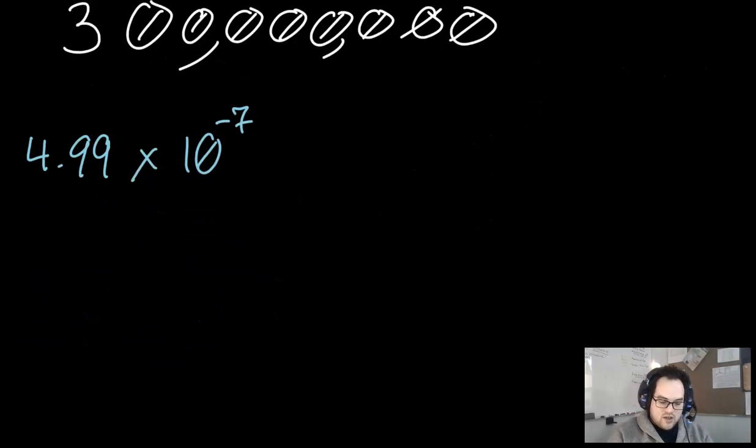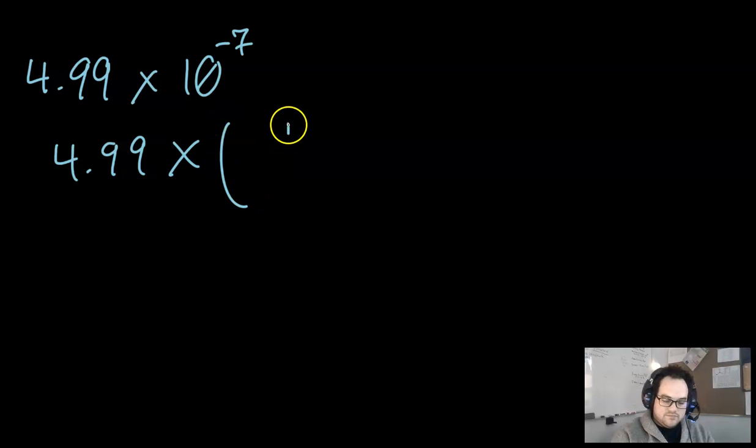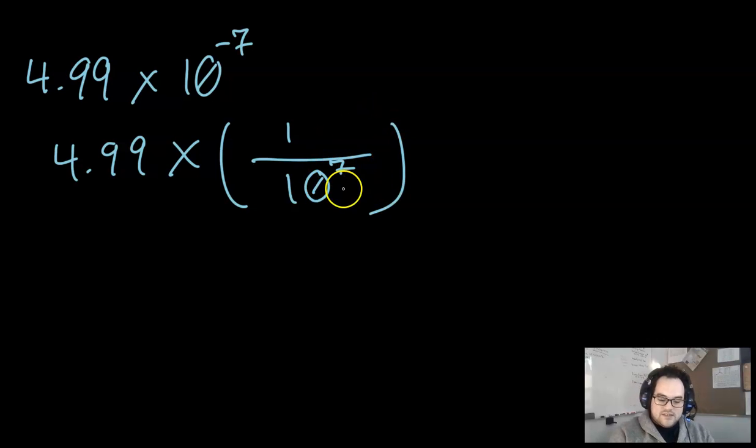That is the same as 4.99 times... And here's where it gets tricky, because when you have that negative, having a negative exponent is the same as doing this, and setting it up like that. So it's kind of inverting what you have. It's saying this is an inverse of that number.